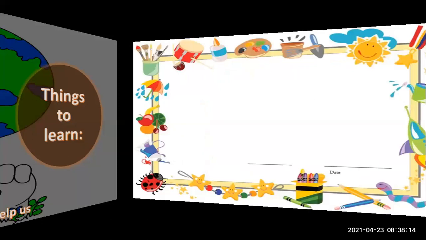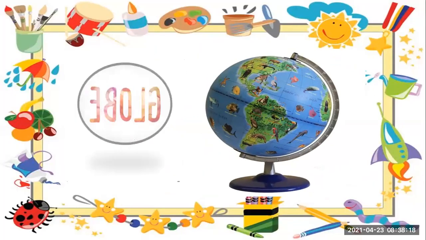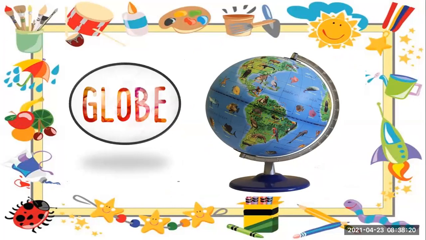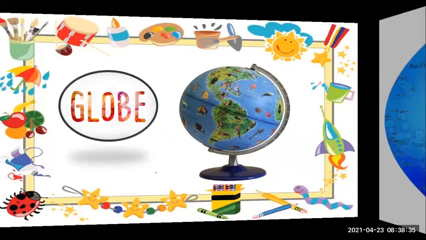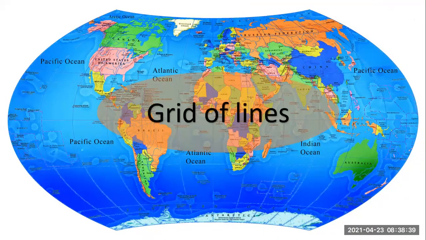So let's get started. First, we should know that this is a globe. In this globe, we see some imaginary lines. We have drawn these lines, so that is why we can see these lines. Otherwise, these are just imaginary lines. If you go out of the earth, you will just see the round shaped earth. You will not see these lines because all these are imaginary lines, and we call them the grid of lines.